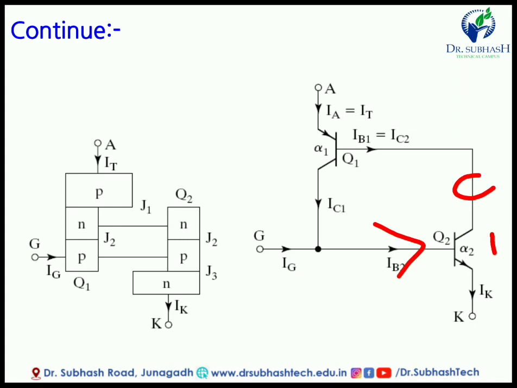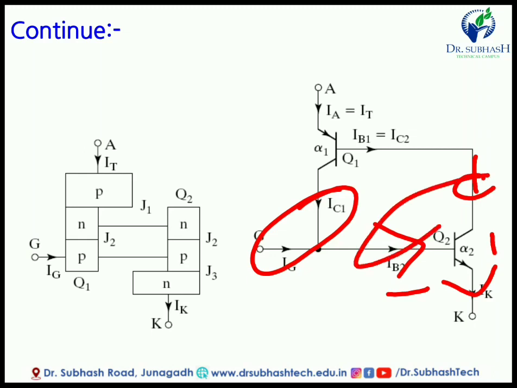According to Kirchhoff's current law, these two currents are added and make IB2. IB2 is equal to IG plus IC1, and the cathode current IK is the addition of IB1 plus IB2. IB1 means IC2, and IB2. Whenever we add these two currents, they make IK, the total cathode current.